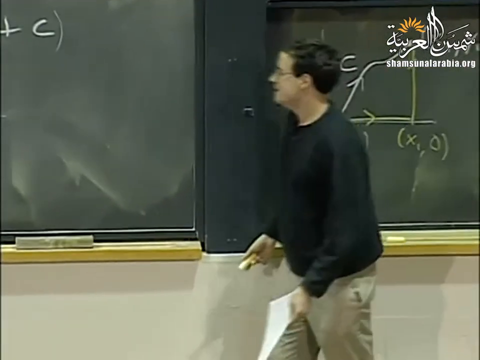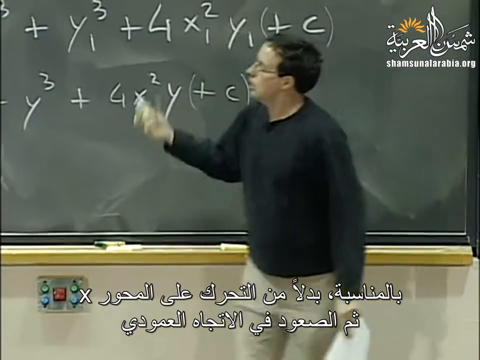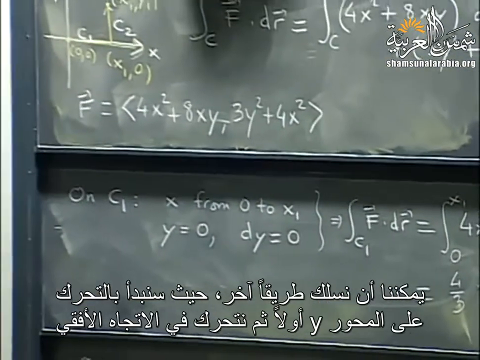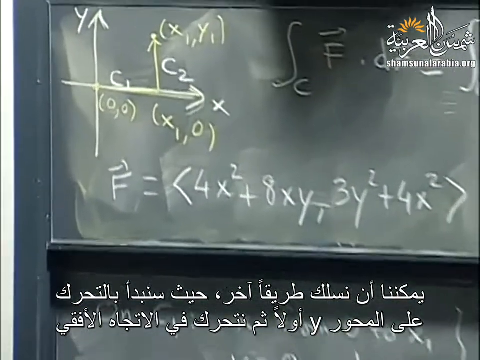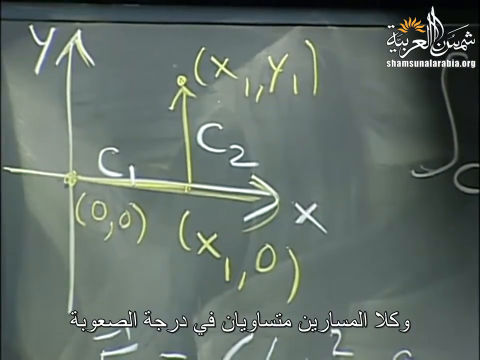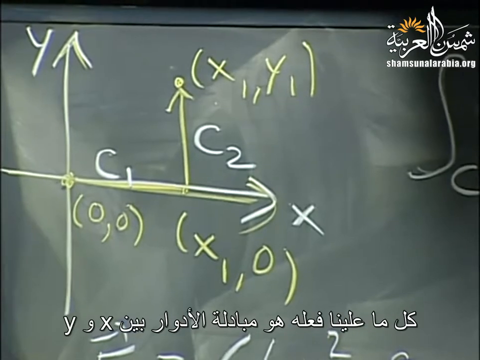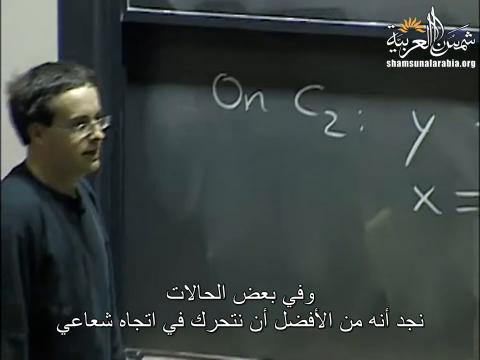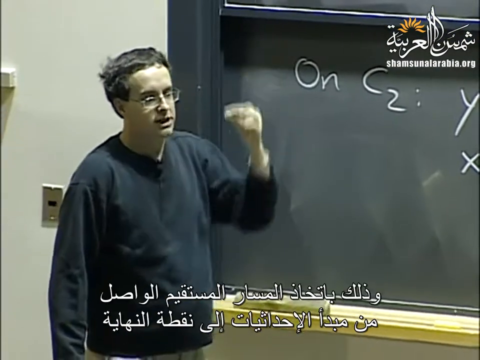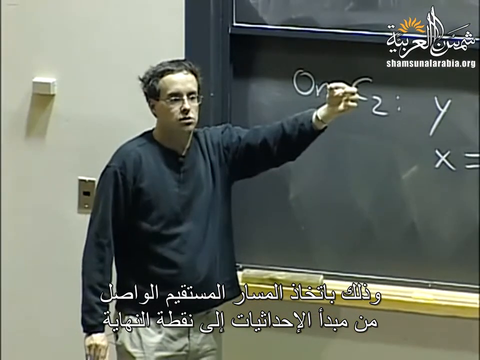Okay. By the way, instead of going first along the x-axis, then vertically, you could do it the other way around, of course. Start along the y-axis, then horizontally. And that's the same level of difficulty. You just exchange the roles of x and y. In some cases, it actually makes more sense to go radially straight out from the origin to your endpoint.